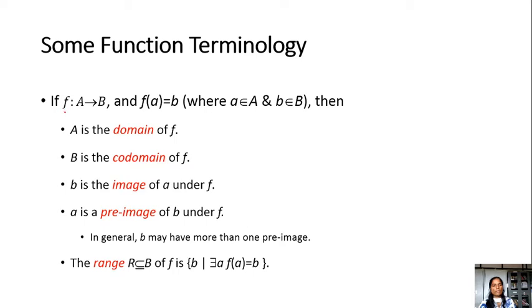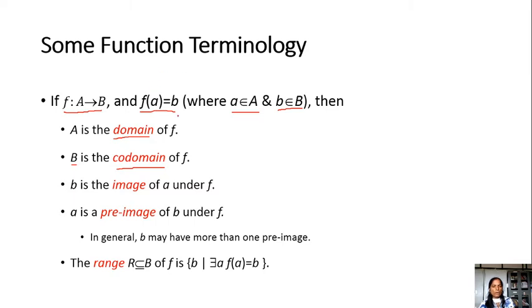If f is a function from set A to set B and f of small a is equal to small b, where small a is a member of set capital A and small b is a member of set capital B, then set capital A is called the domain of the function f, and set capital B is called the codomain of function f.